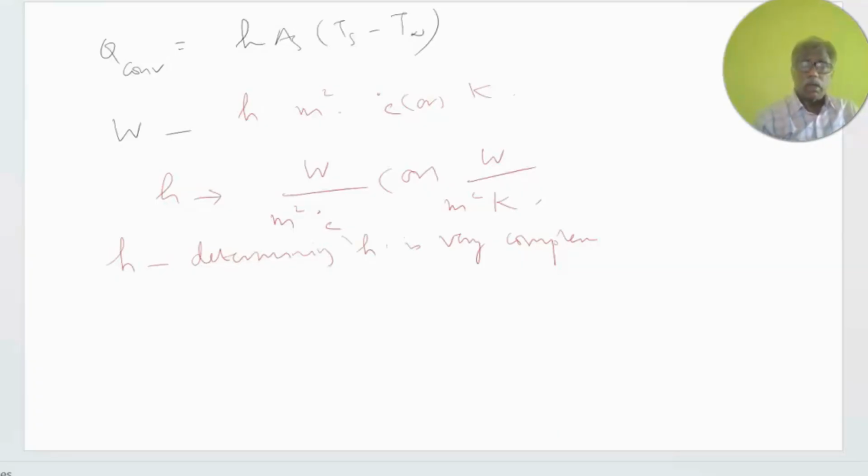So next we have radiation heat transfer. The third mode is called radiation heat transfer.